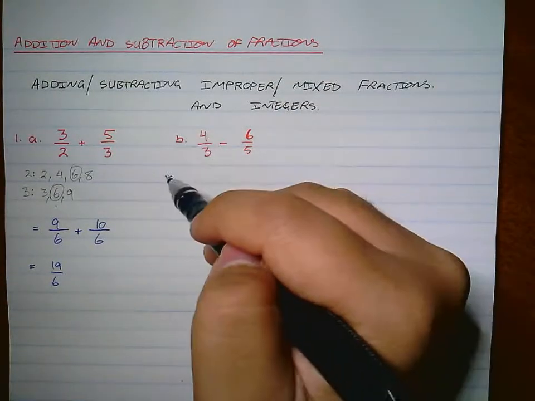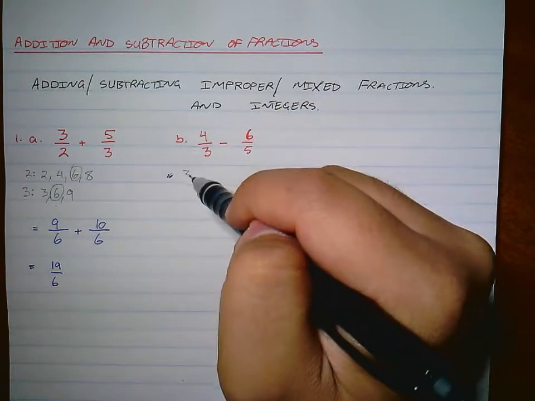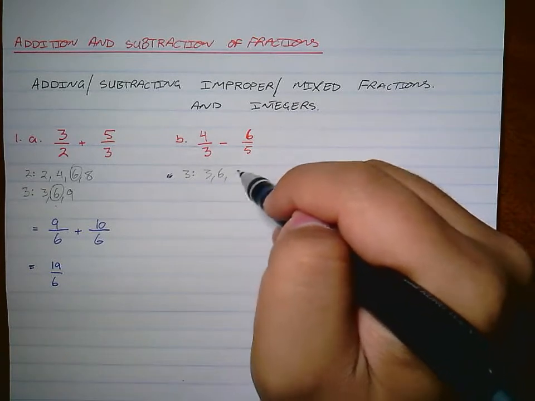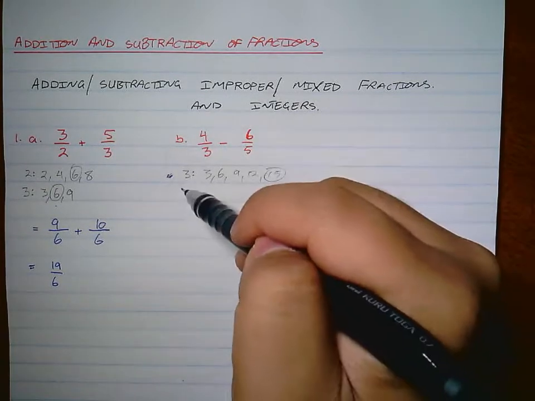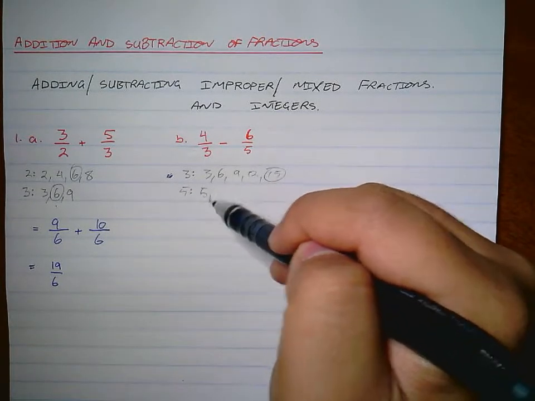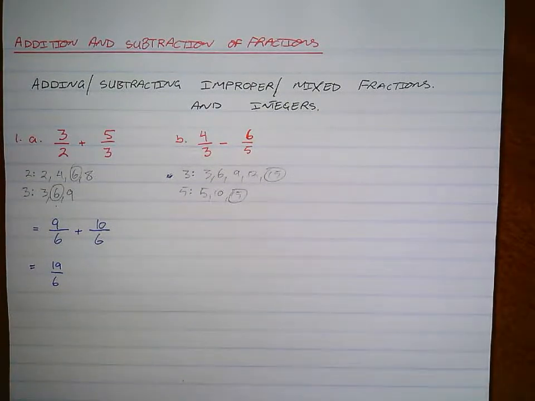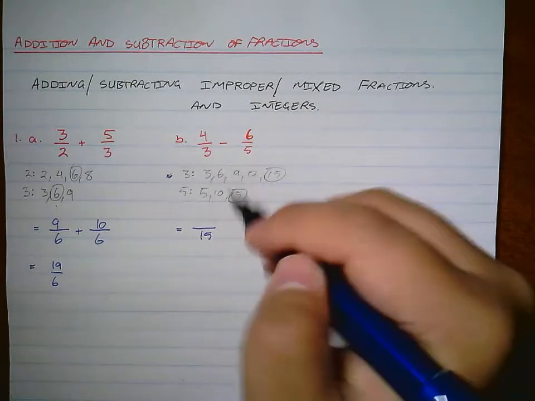Once again, we need to find the lowest common multiple between 3 and 5. Let's find multiples of 3: 3, 6, 9, 12, 15. I believe it's going to be 15. Let's test some more: 5, 10, 15. So our lowest common multiple will be 15.